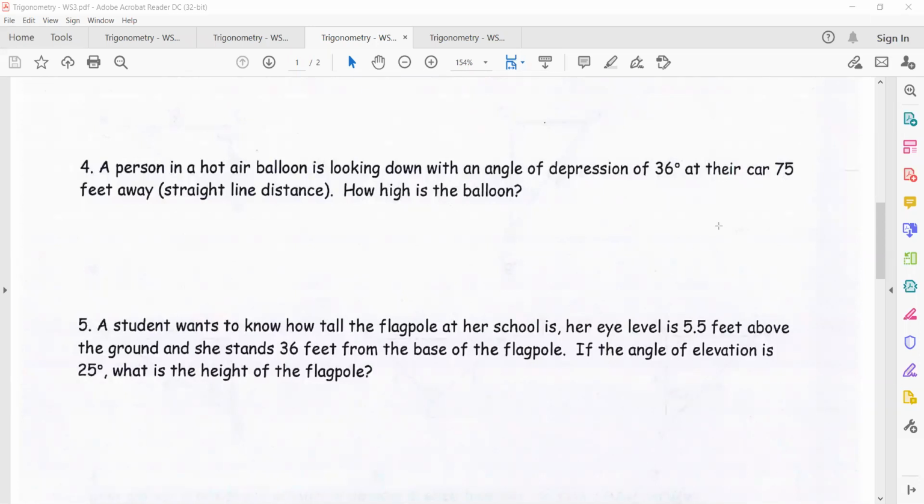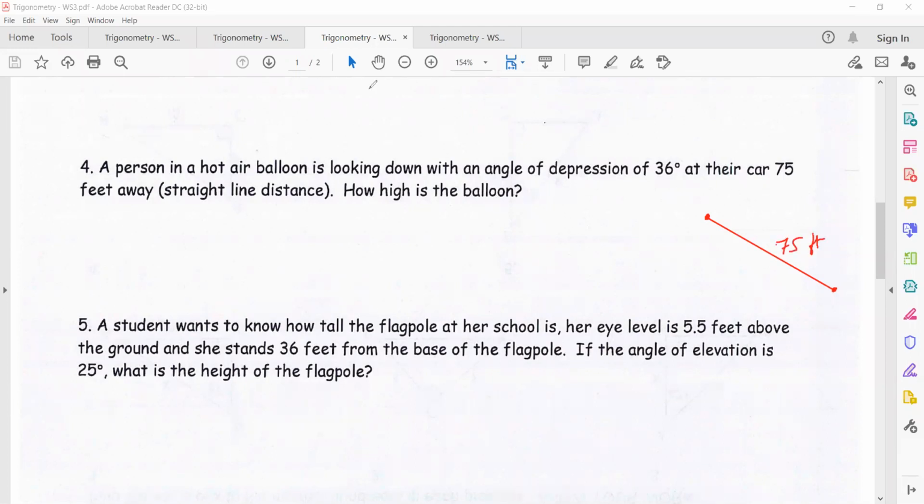Suppose here is the balloon, and here is their car. Now you have to find the height of the balloon. The straight line distance from the balloon to the car is 75 feet. This is 75. Right?